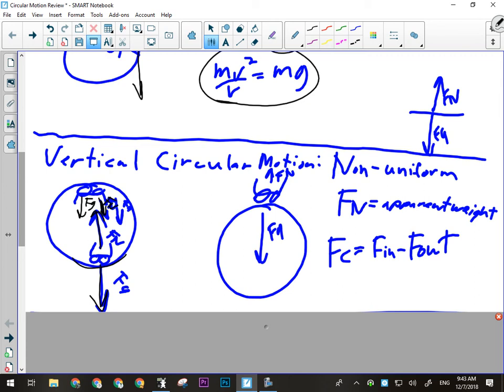If I am going over the top of the vertical circle, gravity still acts in. It acts in for both positions on the top, but normal force now acts out unless I'm going fast enough that it's not present. So those are the things we have to be able to solve. I guarantee you there's a vertical circular motion problem on your unit exam.